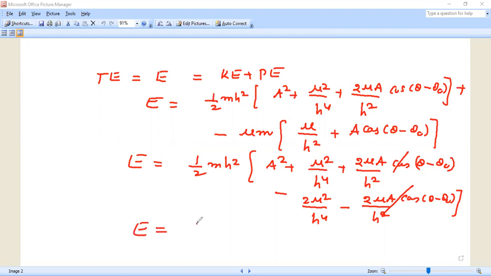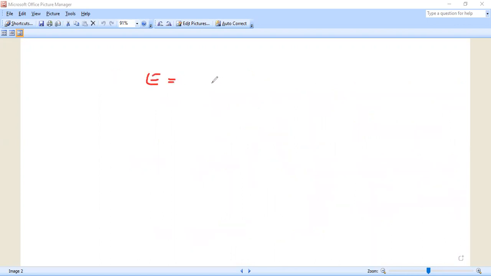Then capital E is equal to mh square into a square plus mu square by h power 4 minus 2 mu square by h power 4. Then capital E is equal to mh square into a square minus mu square by h power 4.